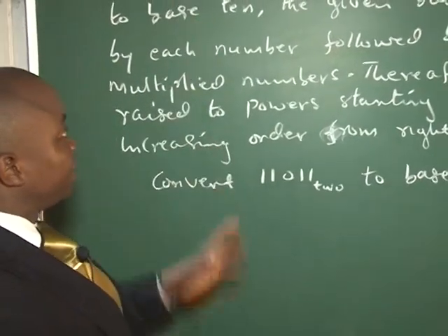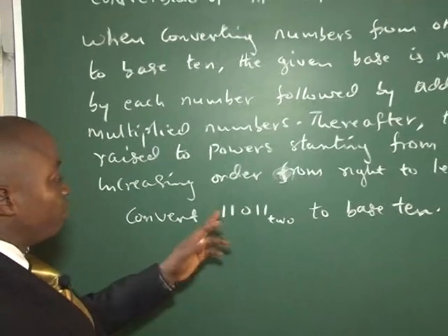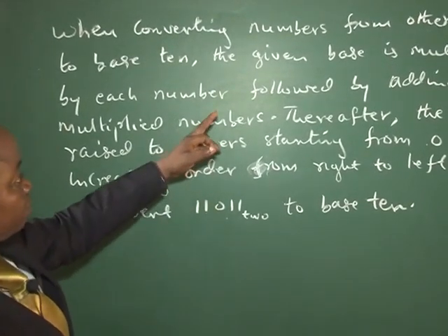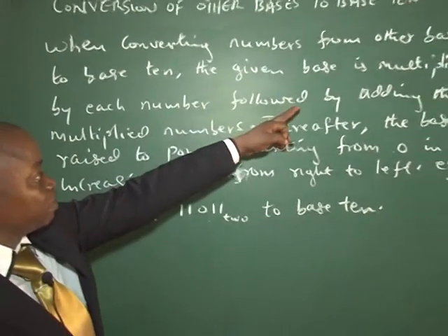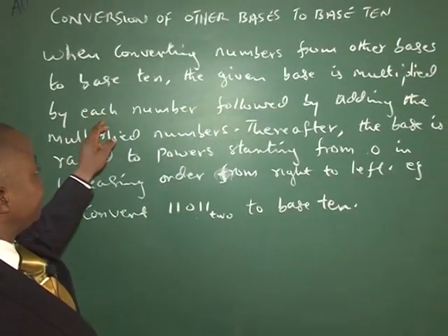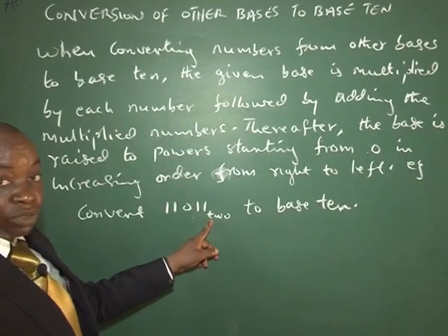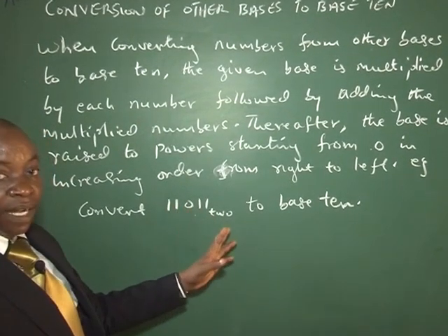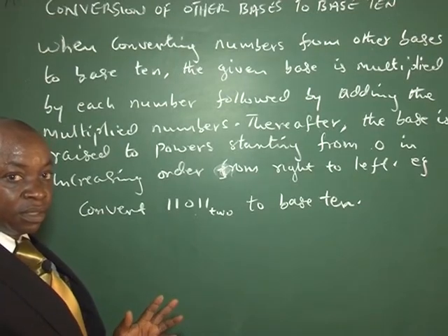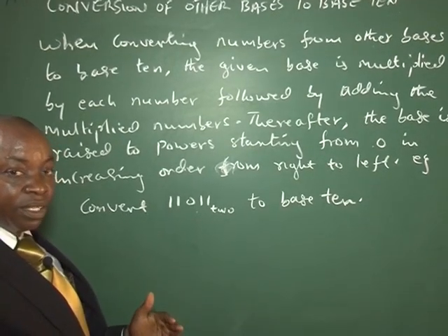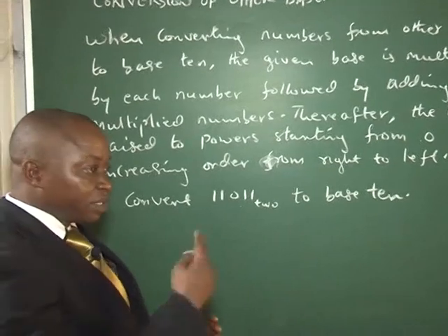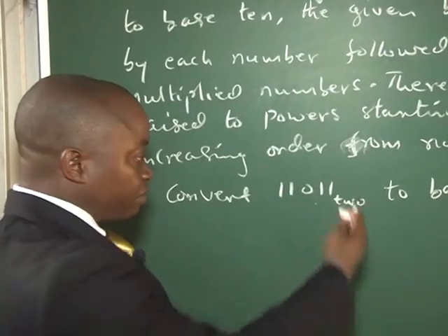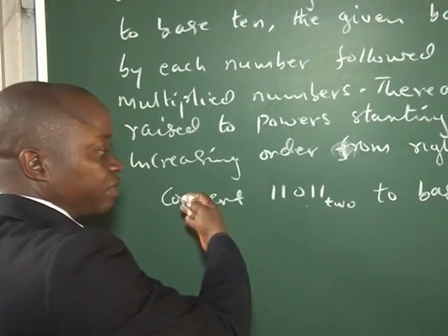Like what we have said here, I'm going to multiply each of these numbers. The given base is multiplied by each number. This is base 2, so I'm going to multiply each number by 2. After that, I'm going to add them. Then I will raise the base to powers, starting from 0, from right to left.